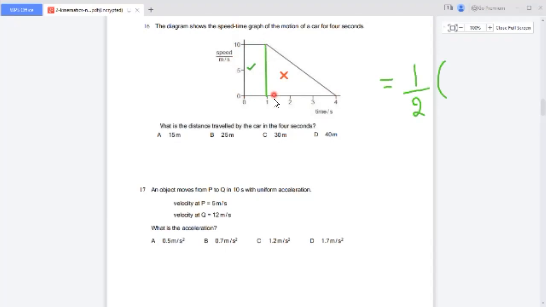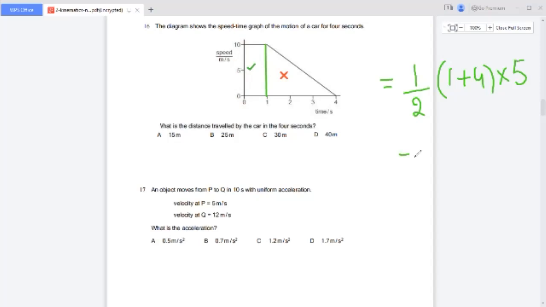From here to here it is 1, here to here it is 4. So the sum of parallel sides is 1 plus 4, multiplied by height. Height is the line which connects the two parallel sides. So this side is the height.